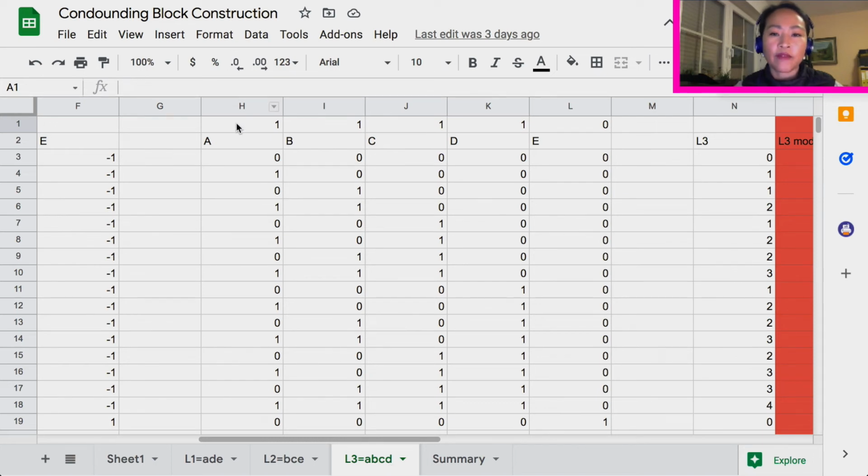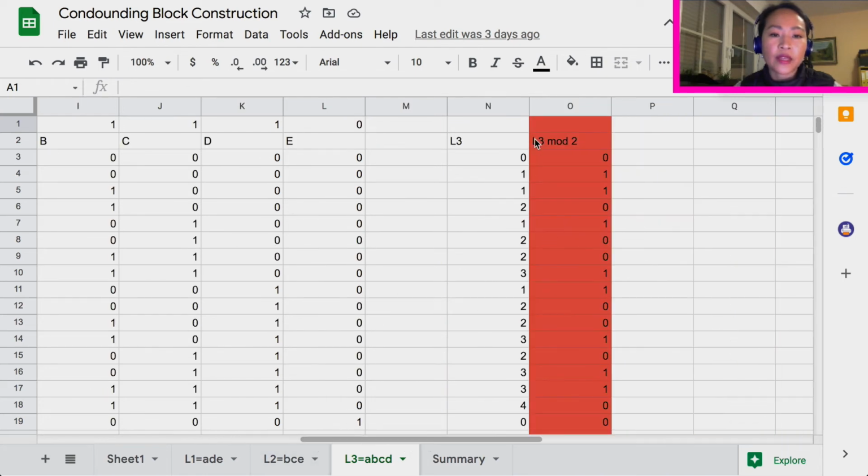Therefore we have 1 for A, 1 for B, 1 for C, 1 for D, and 0 for E. These are the zeros and ones corresponding to low and high level for each treatment combination, and we just get the sum product of this and the zeros and ones here as well. So we get the value of L3 and correspondingly the L3 modulus 2.